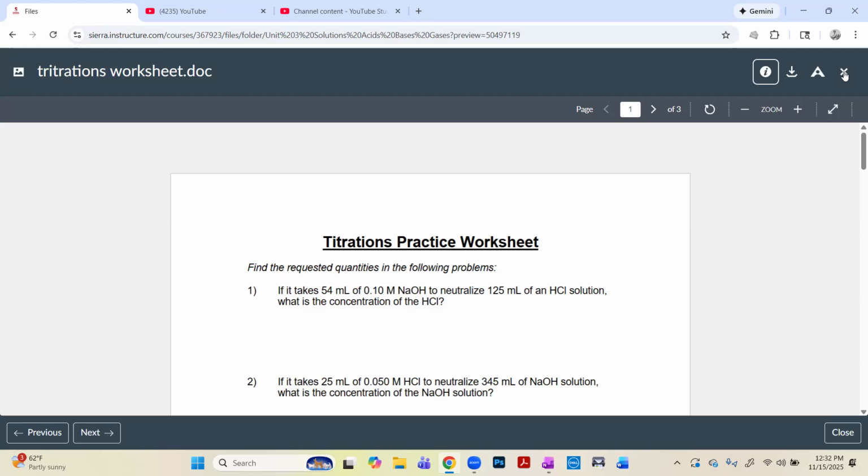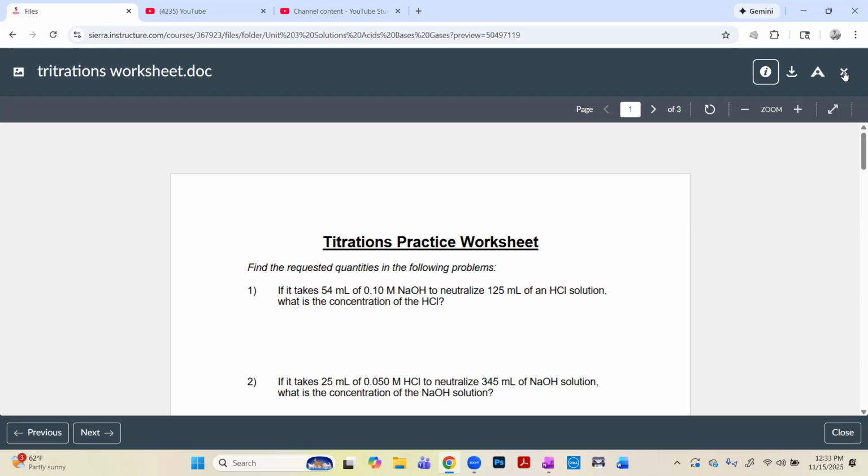With titration, we're still looking for moles, but we're comparing the moles of one versus the other, totally different chemicals. But at neutralization, they're equal. So all we're doing is using that relationship of concentration times volume gives us moles. So the equation looks exactly the same, doesn't it? Yeah.